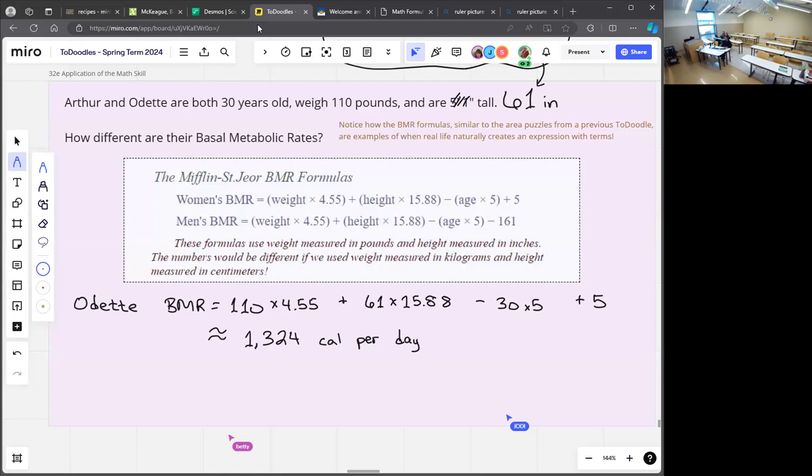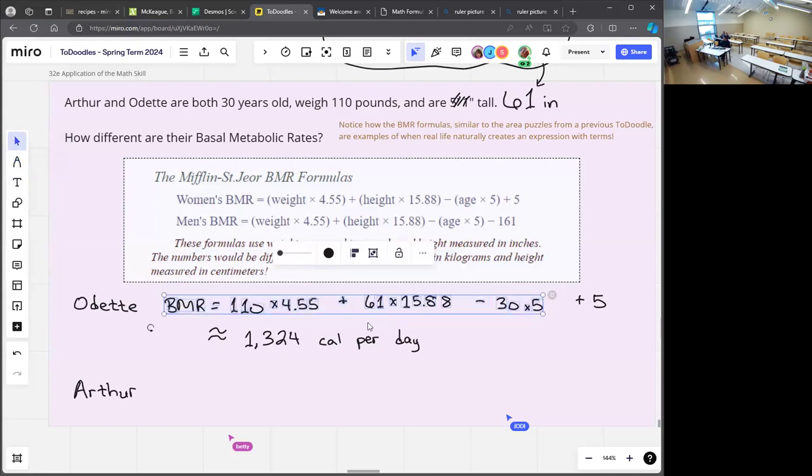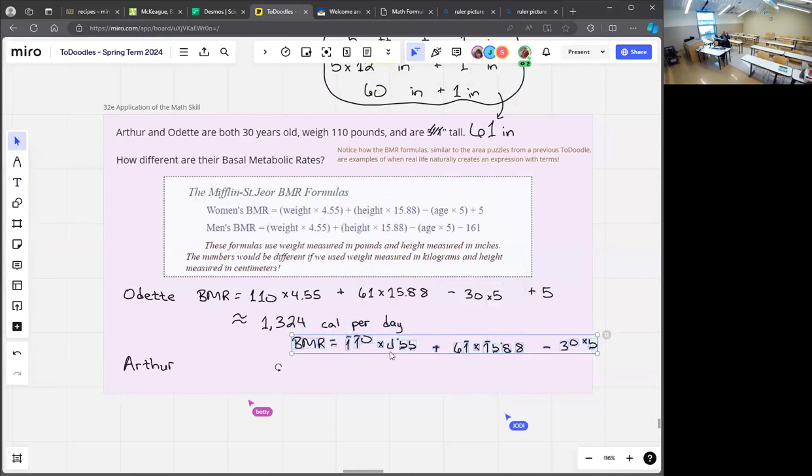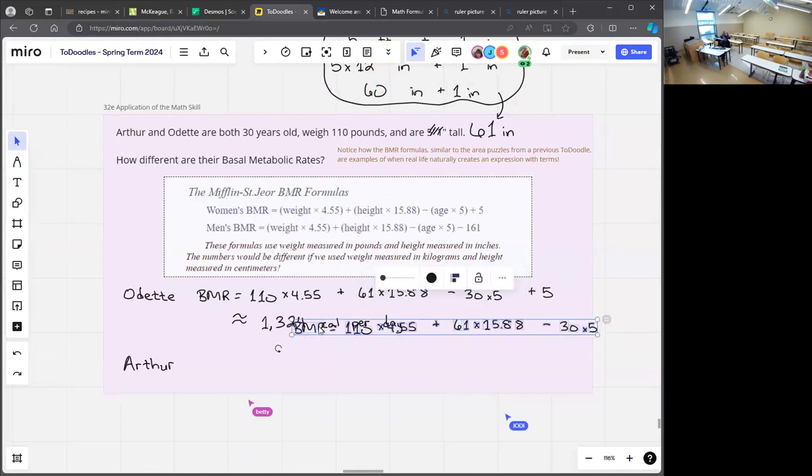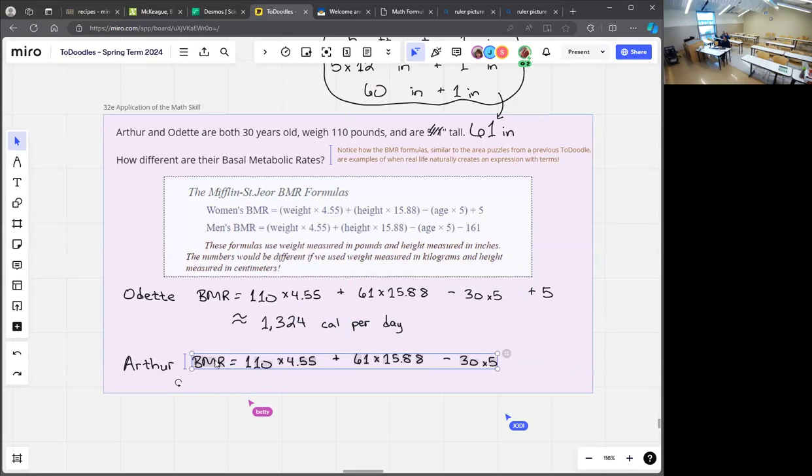If I'm trying to see Arthur, his BMR is going to be exactly the same until the end. Don't stretch it, move it. Okay.